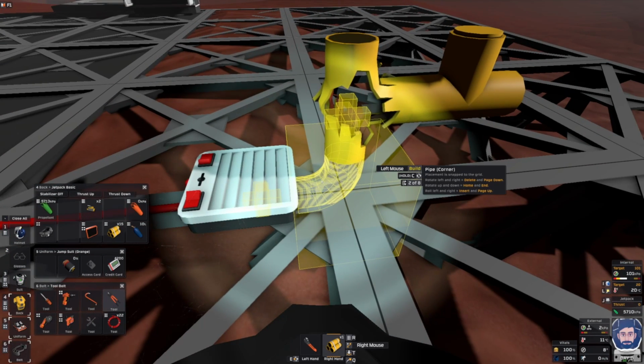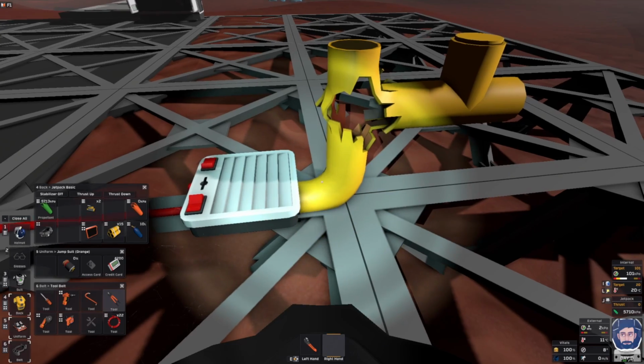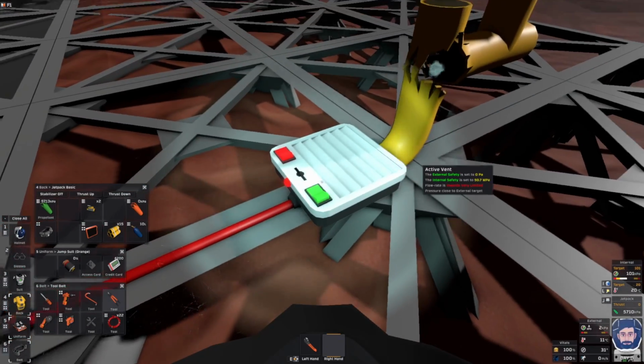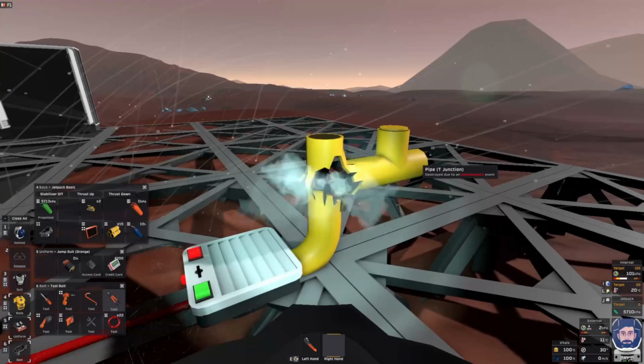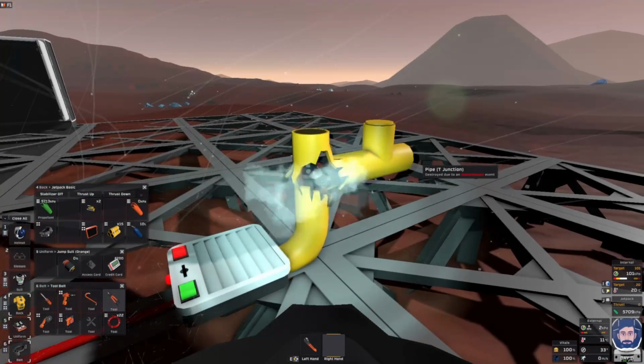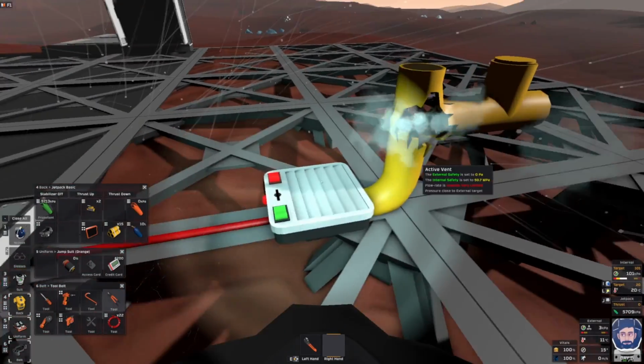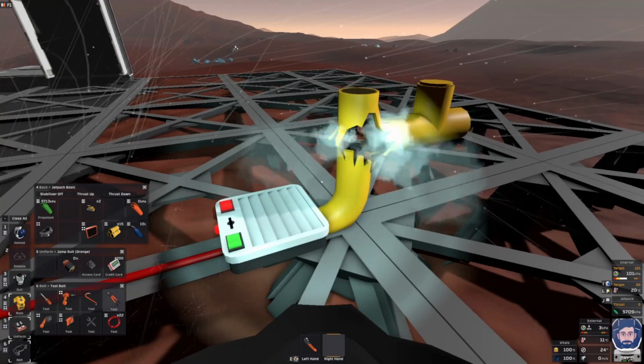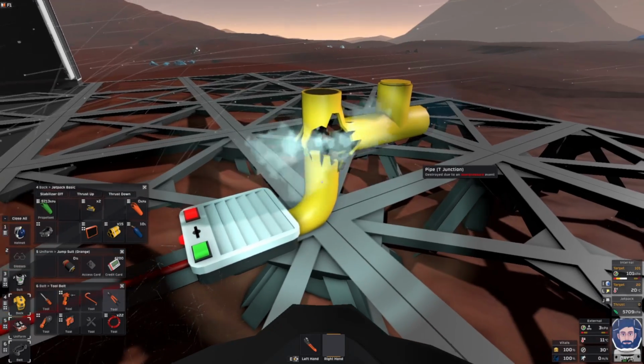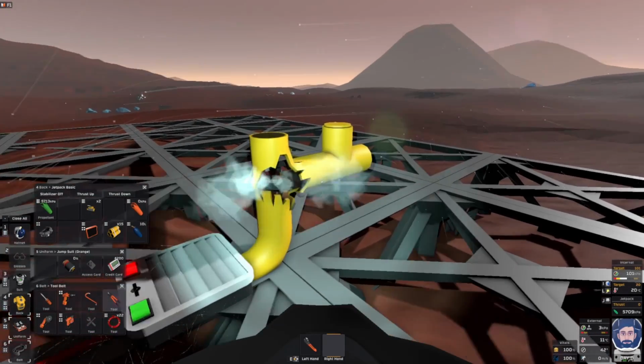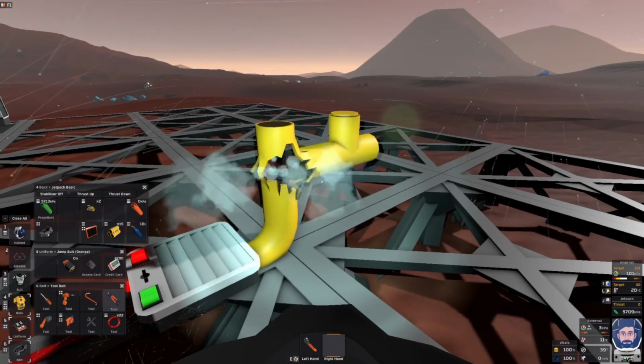If I was to connect this back up to the active vent and start pumping into the active vent, you can see that the atmosphere is coming out of the burst pipe. Obviously, in this setup, this is not particularly useful, but imagine that this pipe ended inside or outside the current room.